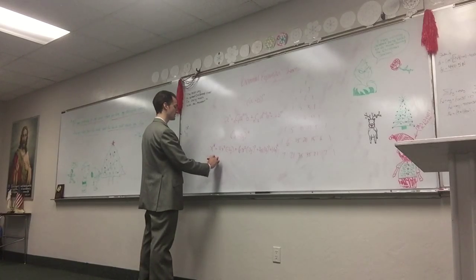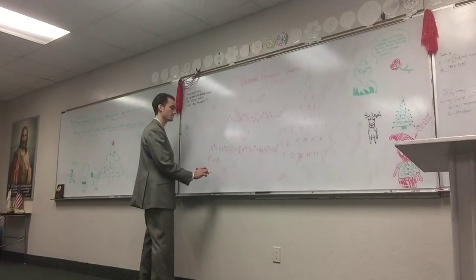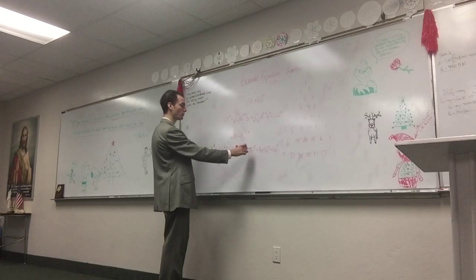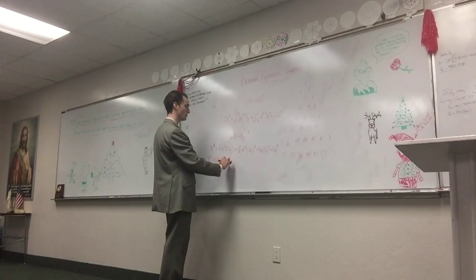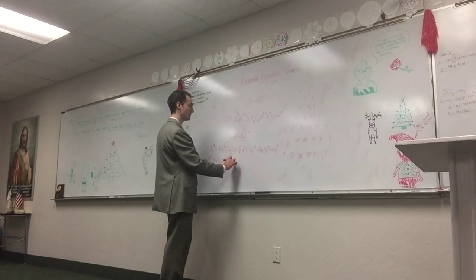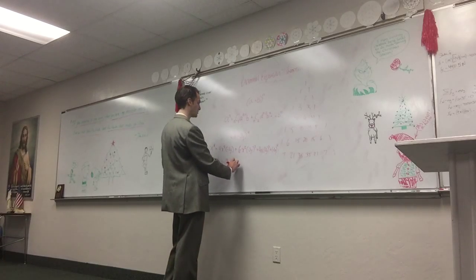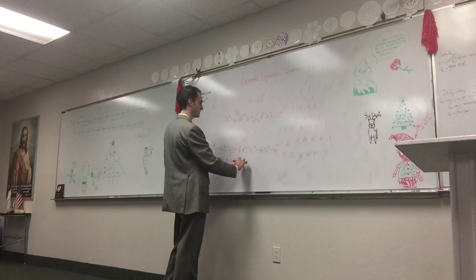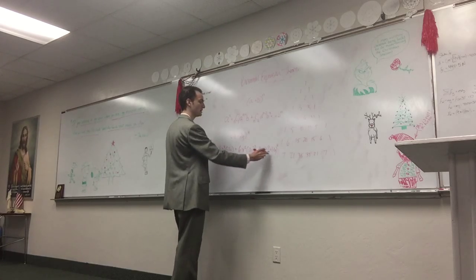Negative 8 x to the third y. Plus, this is negative 2 squared, which is 4. 4 times 6 is 24. x squared y squared. This is a negative to the third, so it's going to be negative. 2 to the third is 8. 8 times 4 is 32. x y to the third.